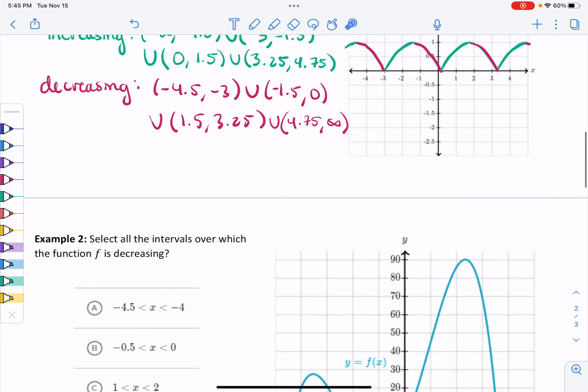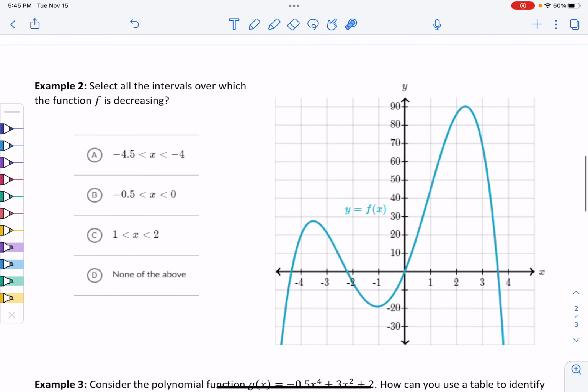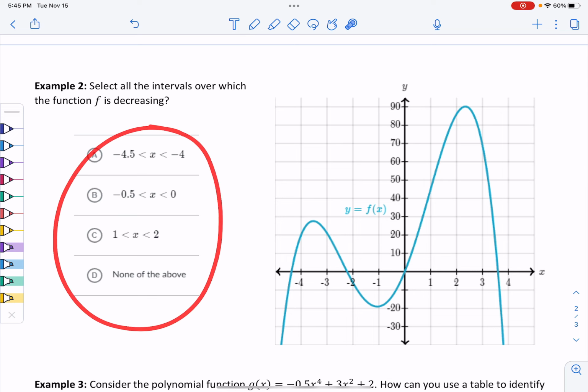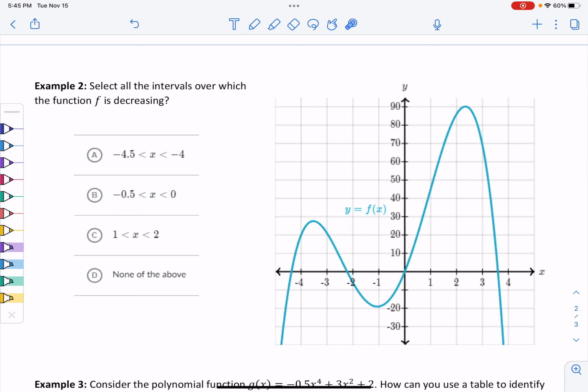Let's go ahead and try example 2. Example 2 is multiple choice. We want to select out of these intervals over which ones the function f of x is decreasing. So we just care about decreasing in this case. Looking at this interval, x is greater than negative 4.5 and less than negative 4. Let's check where that is on the graph.